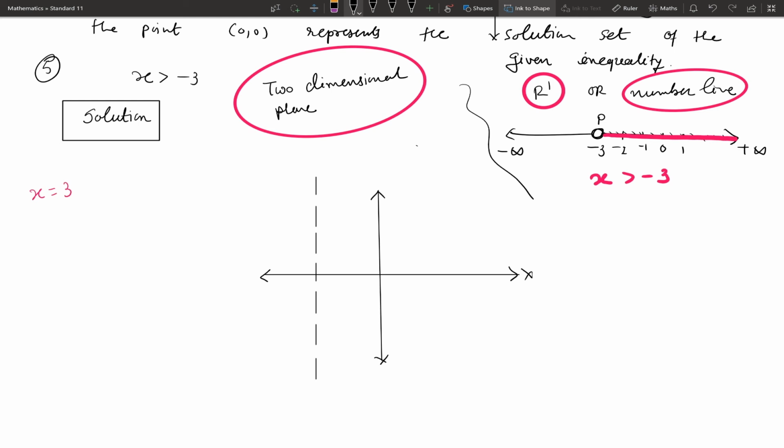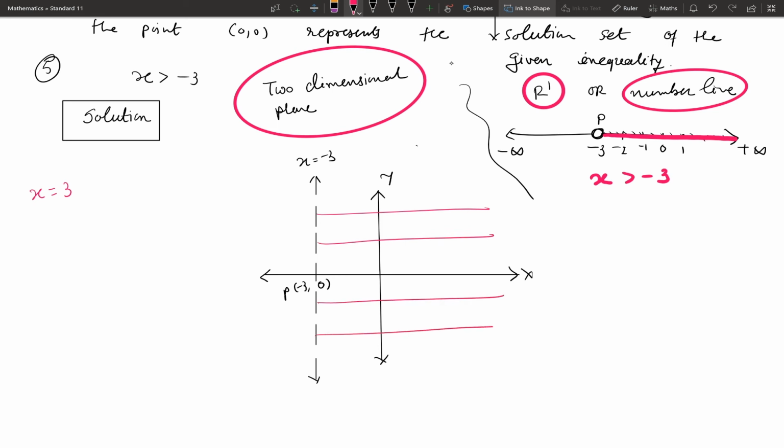This is the x-axis, this is the y-axis, this is the line x equal to -3 passing through point P (-3, 0), and x greater than -3. On this side you can observe x is always greater than -3. So this is the solution.